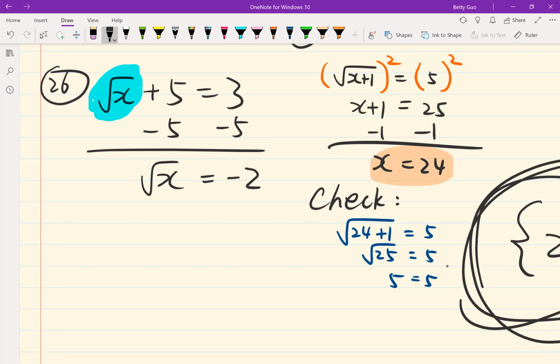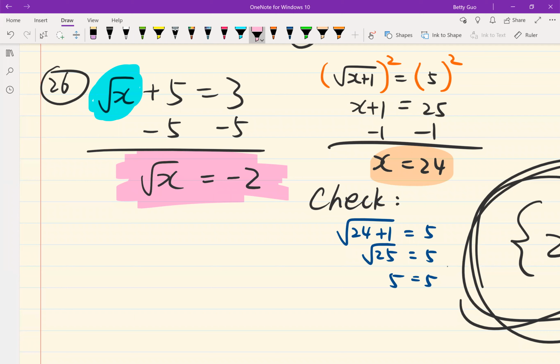Okay. Look at this equation. Square root of x equals negative 2. Do we need to continue? Why not? Because square root of x is not possible being negative 2, right? In the real number set, we do not have such a real number whose principal square root is negative 2.